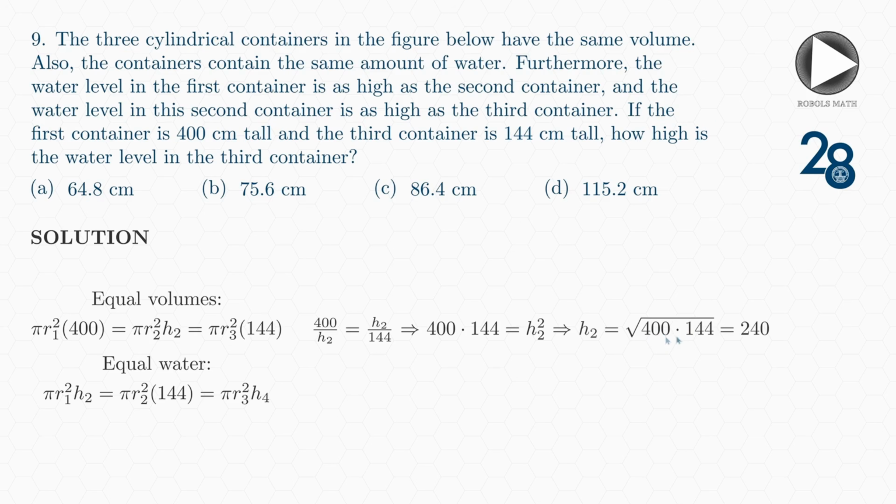To evaluate the square root, you first get the square root of 400, which is 20, and the square root of 144, which is 12. So the value of h sub 2 should be 20 times 12, which is 240, right? Okay.